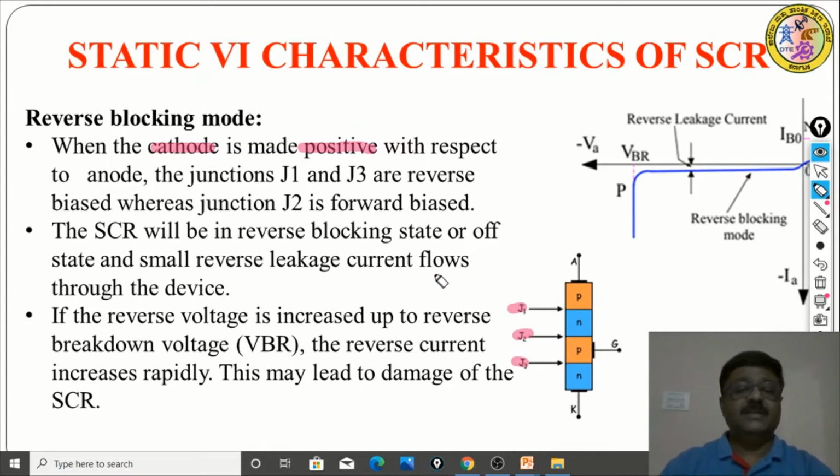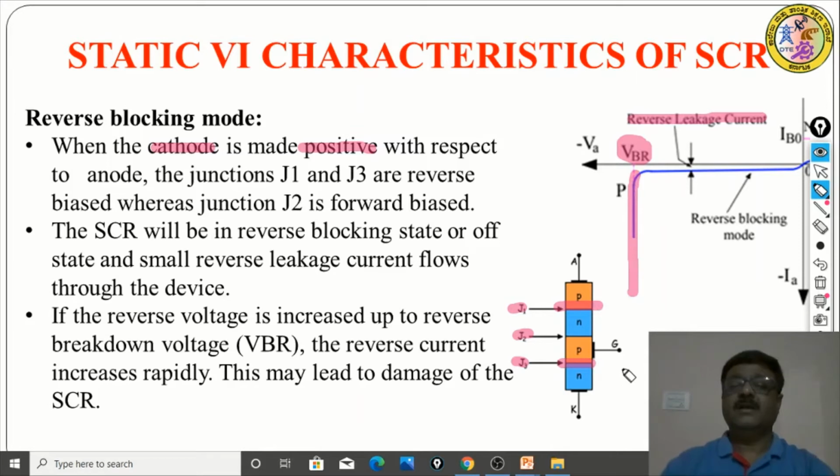In this state, the SCR will conduct a minimum leakage current, a low value of current through the anode terminal, called the reverse leakage current. If you go on increasing this reverse voltage greater than the reverse breakover voltage of the SCR, then the reverse biased junctions J1 and J3 will break, and the SCR starts conducting a heavy current.